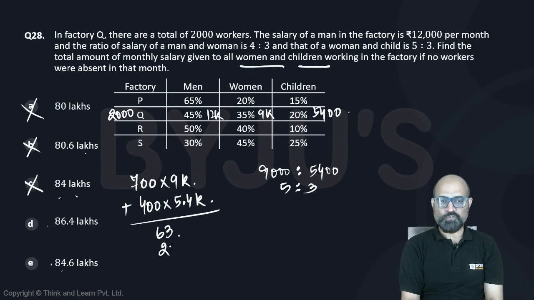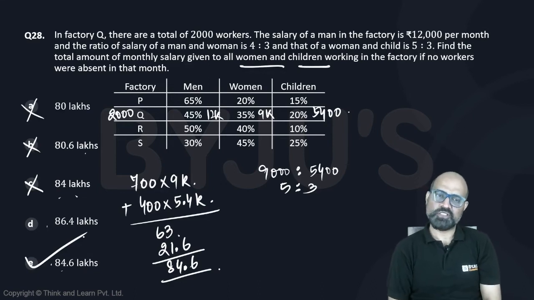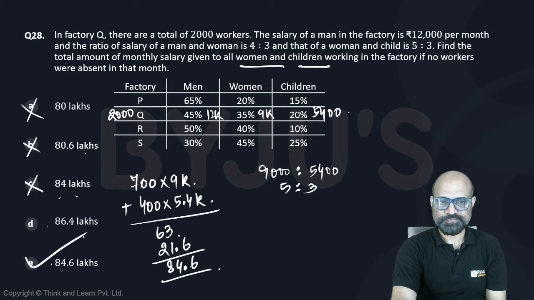So 21.6. So 84.6 lakhs is the total monthly salary that will be given to both of these types of people. So the man's 12,000 was irrelevant here.